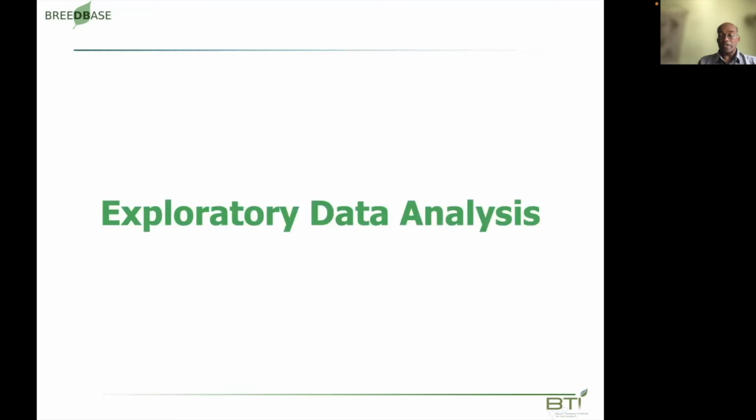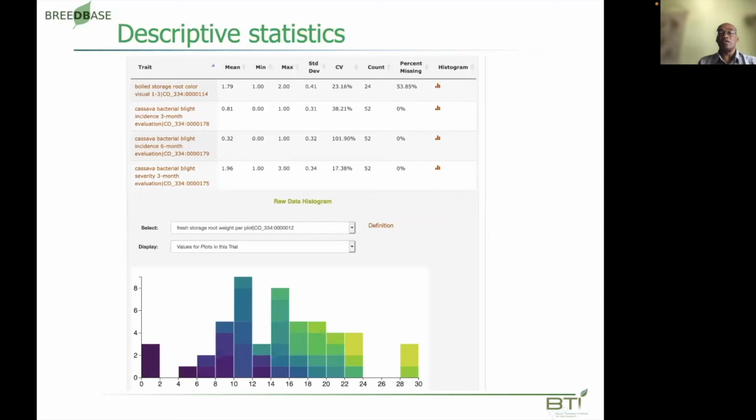So what kind of exploratory data analysis can you do? Well, to start with, you can do descriptive statistics, and you can do this immediately after uploading your data into the database. You go to the trial detail page, and you can just have a glimpse of what your data looks like.